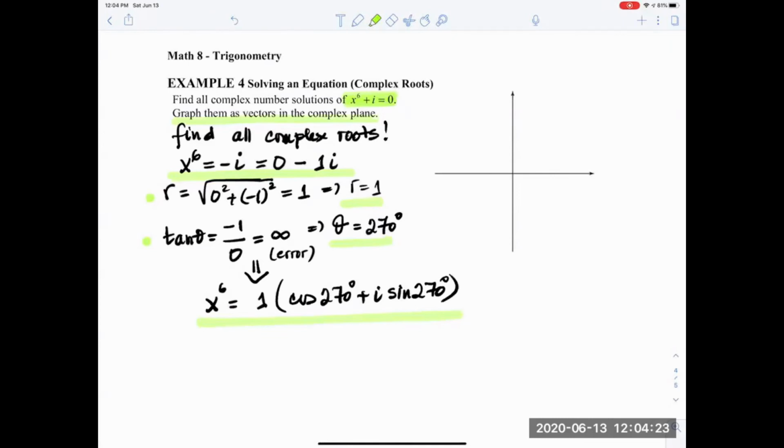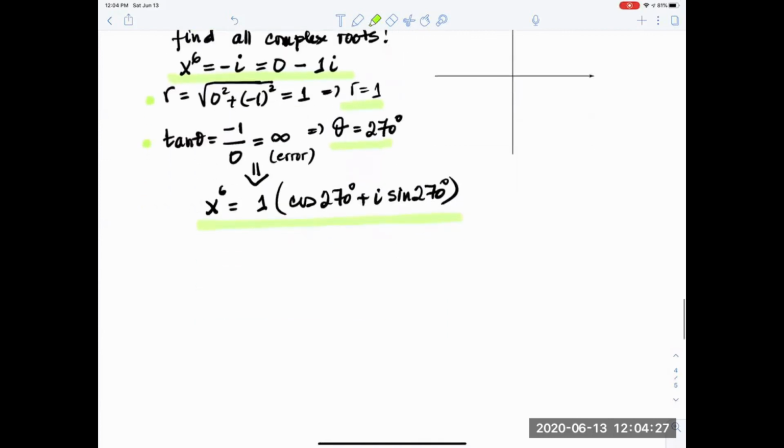Now this is where you apply the theorem again. You want to write down the 6th root. So this must be equal to r to the 6, parentheses, cosine of 6 alpha plus i sine of 6 alpha. That is the condition of existence.